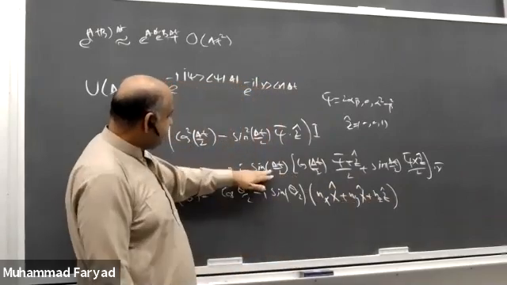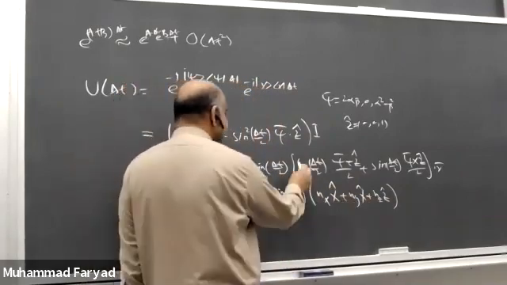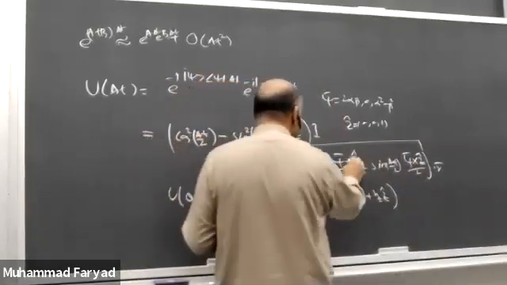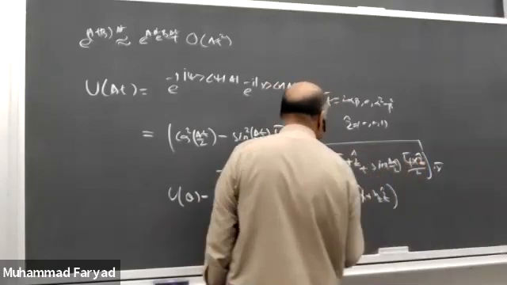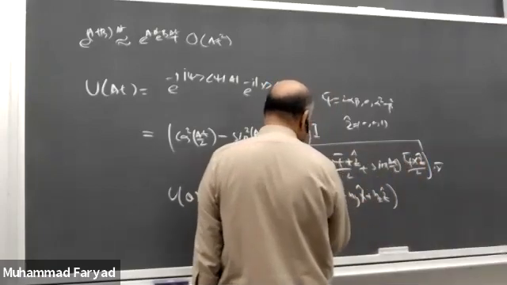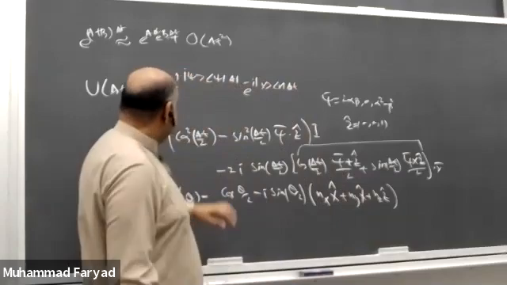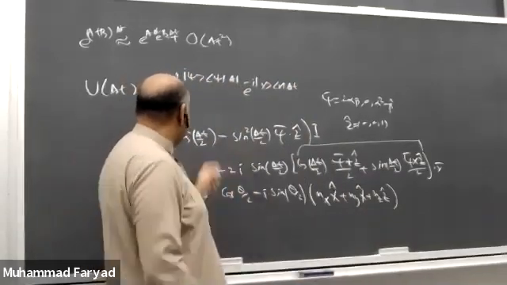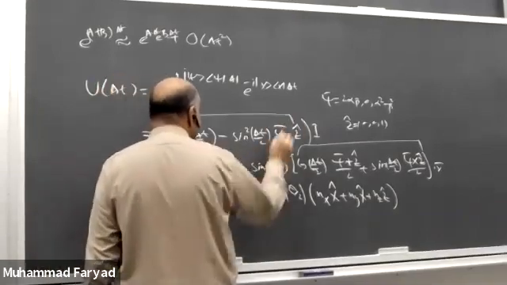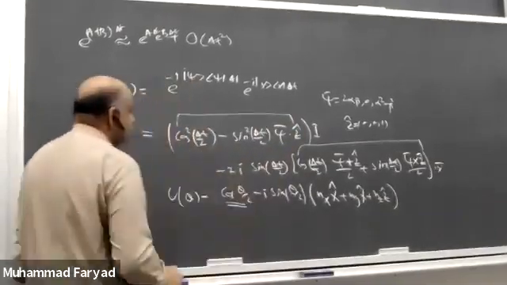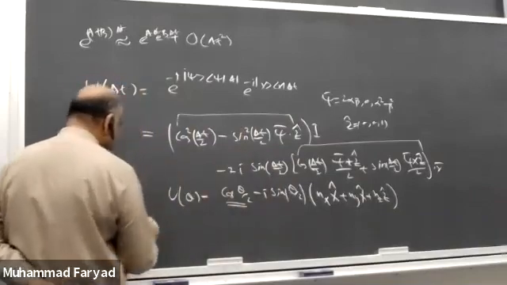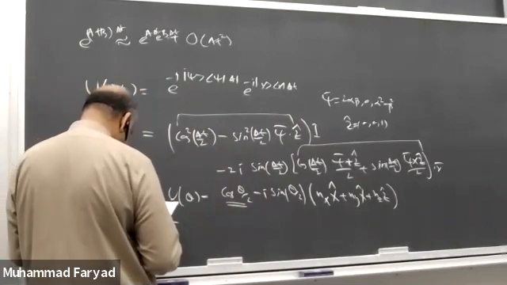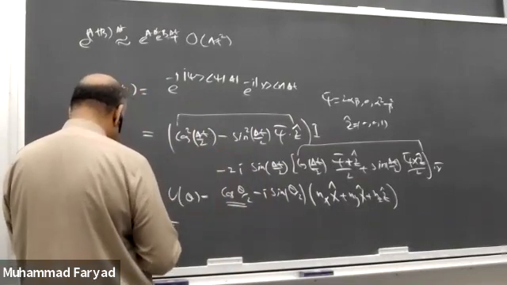So if we compare this, we see that the axis is given by this part. This is the axis. This is psi plus z part. This is psi cross z. So this is the rotation axis nx, ny, nz, and the angle by which an operator rotates is given by this. If I put this one equal to cosine theta by 2, this can be rewritten in this form.